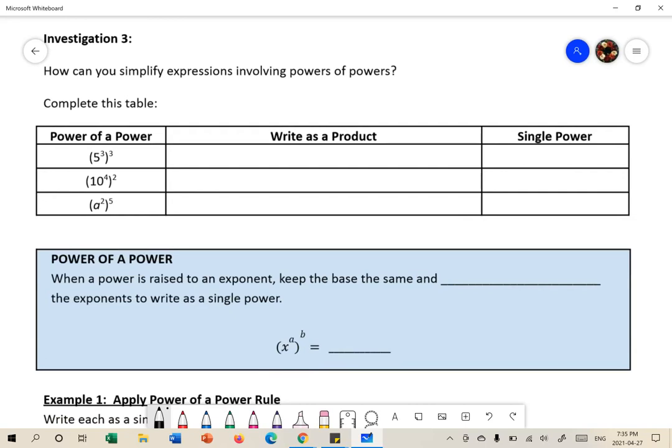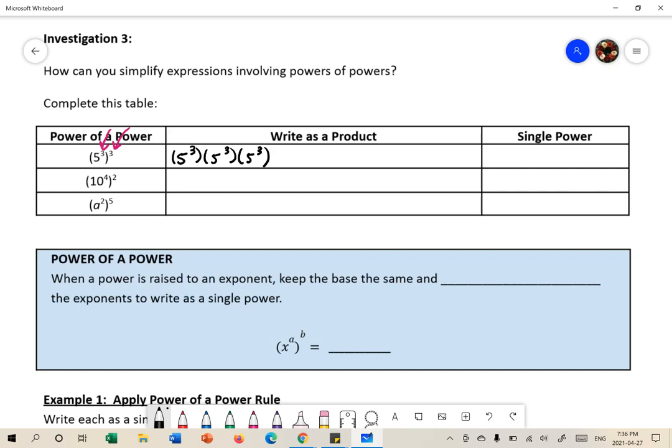Investigation 3. How can you simplify expressions involving powers of powers? So now we have one power inside the brackets and then one outside the brackets. Okay, so this is 5 to 3, 3 times, right? The brackets tell me that the base is 5 to the power of 3.